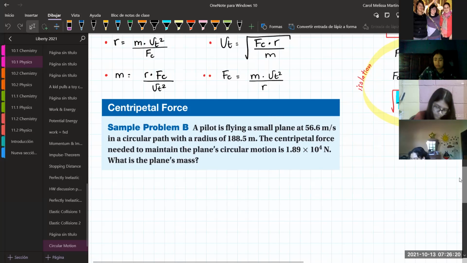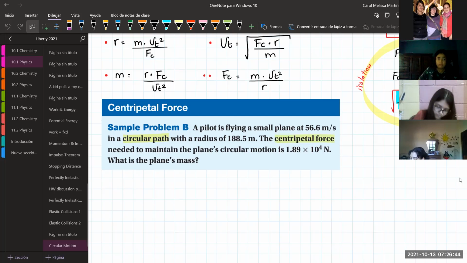A pilot is flying a small plane at 56.6 meters per second in a circular path. Important information, circular path. It's telling me that it's circular motion. That circular path has a radius of 188.5 meters. Now, it says that centripetal force.